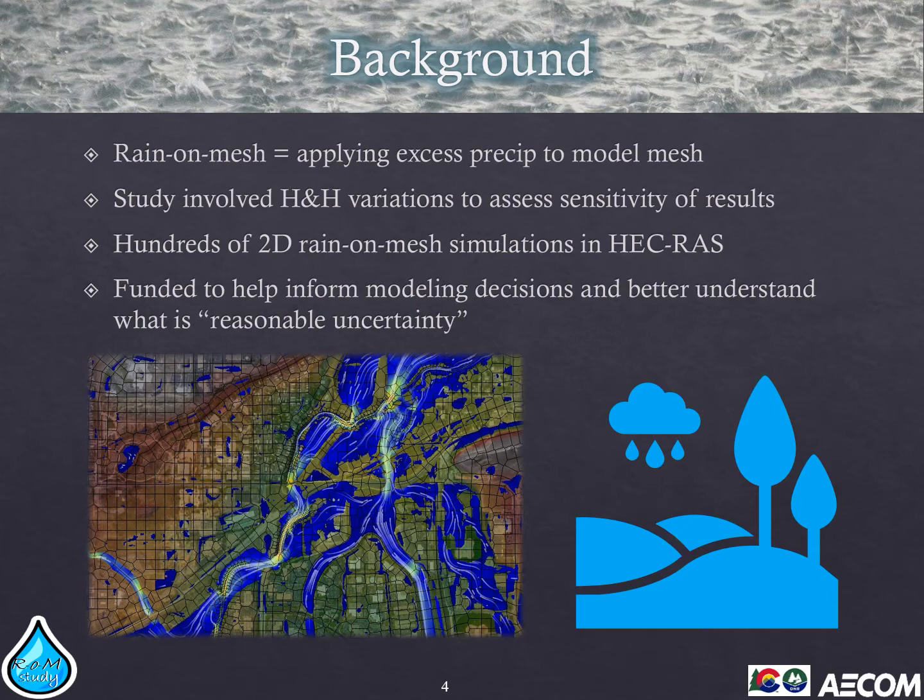This study was funded in order to help inform future modeling decisions and to better understand what is reasonable uncertainty. The reason I say it that way is there is engineering judgment that goes into the selection of these parameters, and there's a degree of uncertainty that is considered within reason or best practice. So this is to assess what that might be.